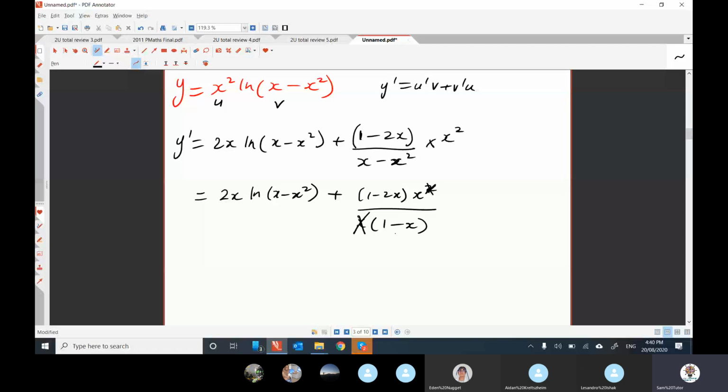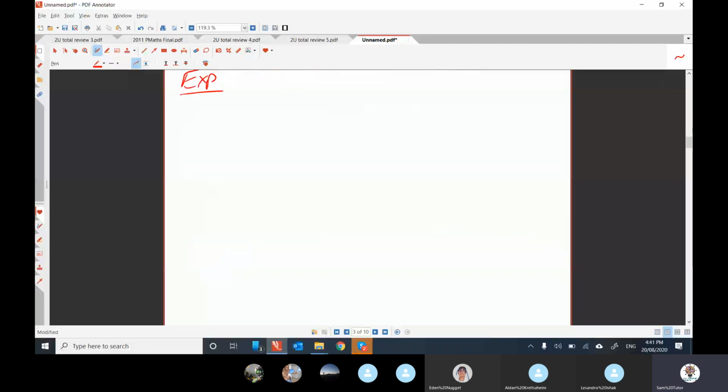Okay. Let's do exponentials. We have y equals e to the 5x. Okay, this one you would write this sentence.